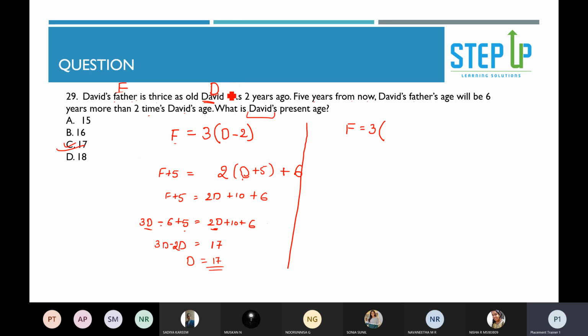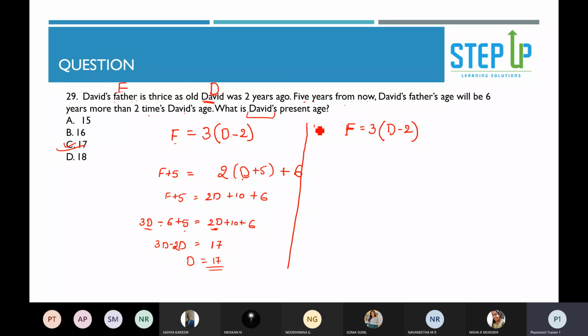So 2 years ago, David was D minus 2. Right? So father will be 3 times of that age. Is that clear, Nisha? Yes, ma'am.